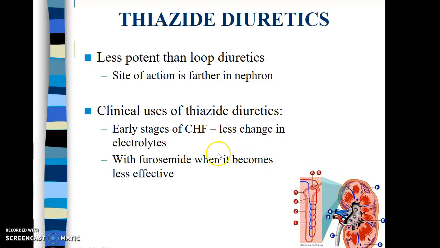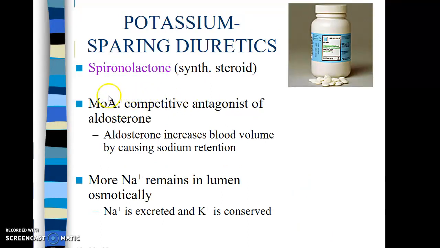Because of that, we can use this earlier in stages of congestive heart failure because it's not going to change our electrolytes as much. We don't have the chance of causing hyponatremia as much, or kalemia, I'm sorry, the potassium. And then we can also use this in association with furosemide if it becomes less effective. But it's not as good as furosemide.